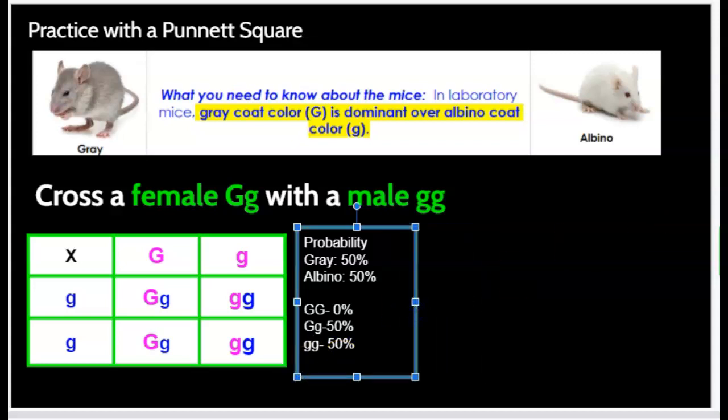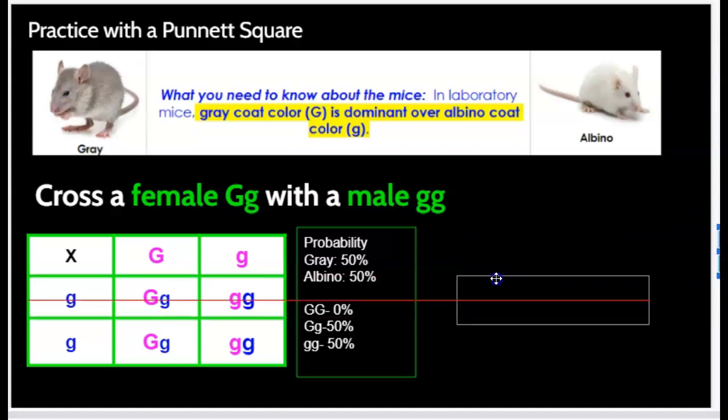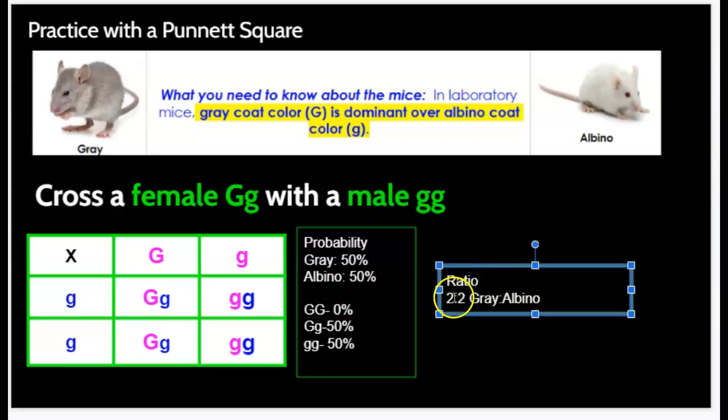Now, sometimes you'll be asked to find the ratio. And so we have a 2-to-2 ratio, 2 gray to 2 albino.